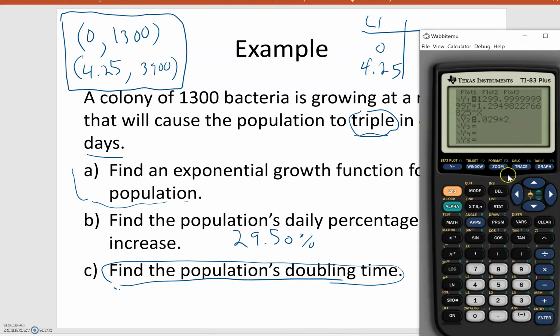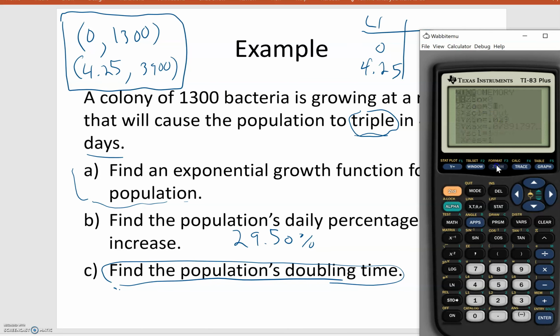So we go to y equals, that is a relic from the last problem. So we do 2 times 1300. Go to our window and check and see what our window's at. We know it triples in 4.25 days, so if we go to 5 days, that will certainly include the doubling time. Now we could be a bit more precise about that, but this will get us the values.